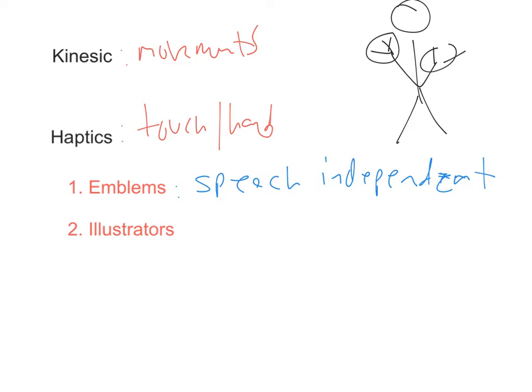Then you also have these things called illustrators. I already wrote that down. And what I meant to write was that illustrators are therefore speech dependent. Okay, so illustrators are gestures where on their own you don't really know what they mean unless you know what somebody is saying.